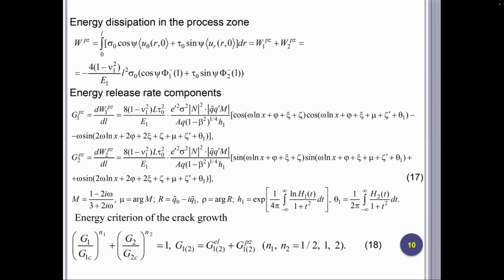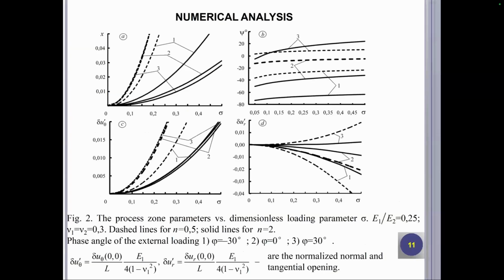On this slide, slide 11, we have a series of curves which correspond to various values of the powers in equation 18.